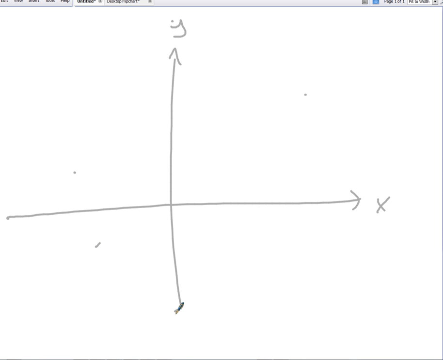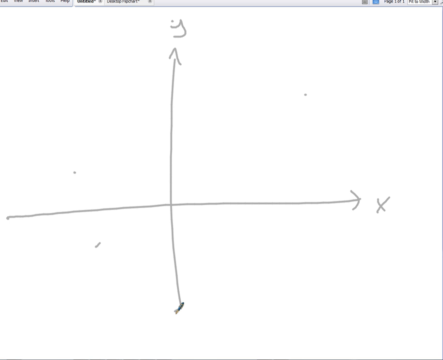So if I want to know where is y greater than 0, I'm just asking where are we above the x-axis, right? What are the y values below the x-axis? Less than 0, right? So if I'm answering the question, when is y less than 0, I'm looking for the parts of the sketch that are below the x-axis.